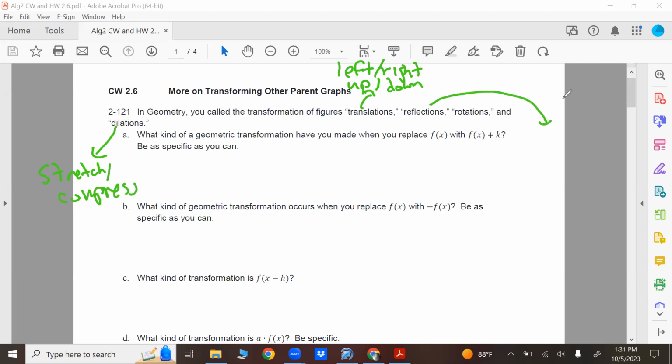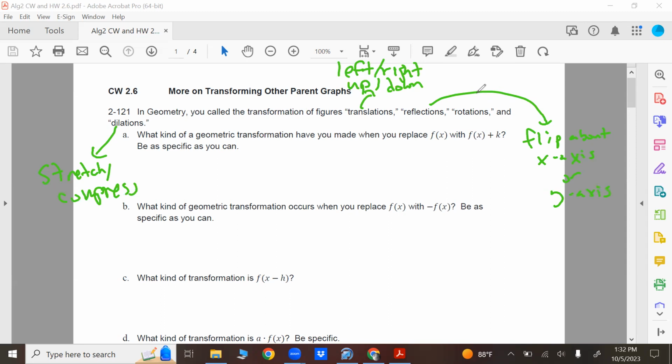A reflection is when you flip about the x-axis or even y-axis. You could do that too. That's a possibility. I'm not sure how rotations would make sense for us, so I'm not going to really make a statement about that. But you would have seen these transformations, right?